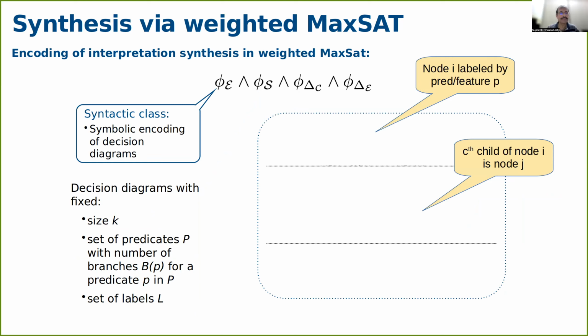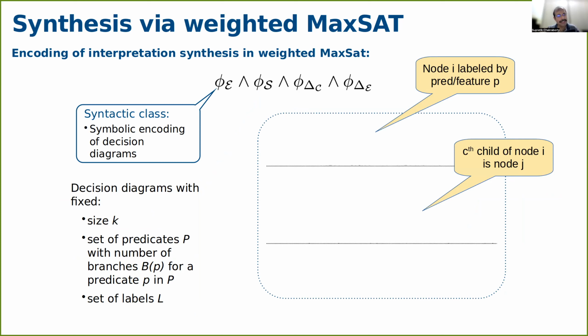I missed that. So actually, it turns out that this number grows very fast, right? I mean, you have K nodes, and then each of the nodes could be labeled by a predicate P. So there are already P raised to K ways of labeling the nodes.